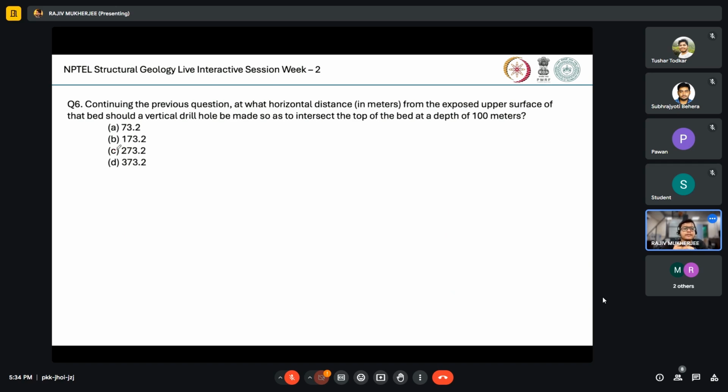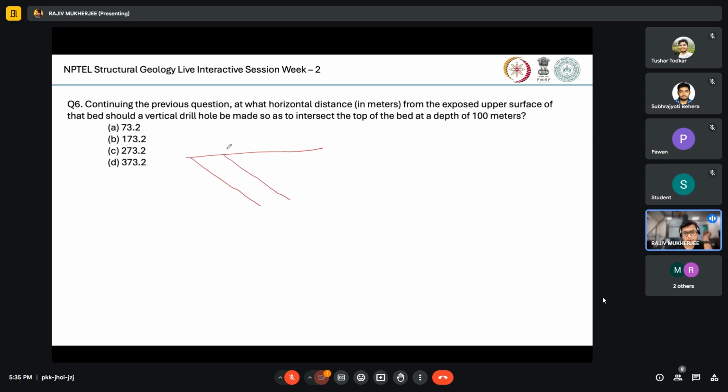Now the sixth question is continuing from the previous question. That means we can draw this like this. So we have this limestone bed. At what horizontal distance?